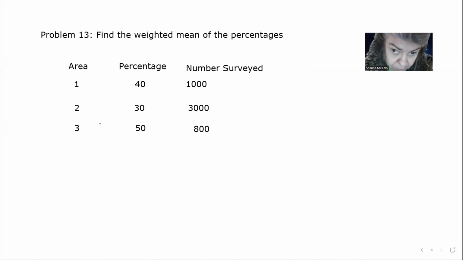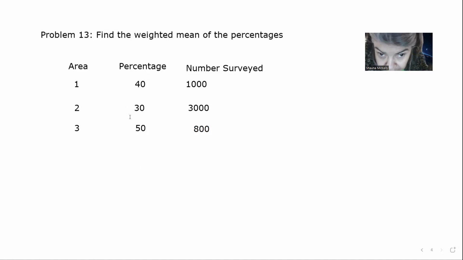Now, this looks a little suspicious because these percentages add up to more than 100. So I'm going to do this problem and see if it comes out the way it should, because I think these percentages should add up to 100, but maybe there's a reason why they don't.